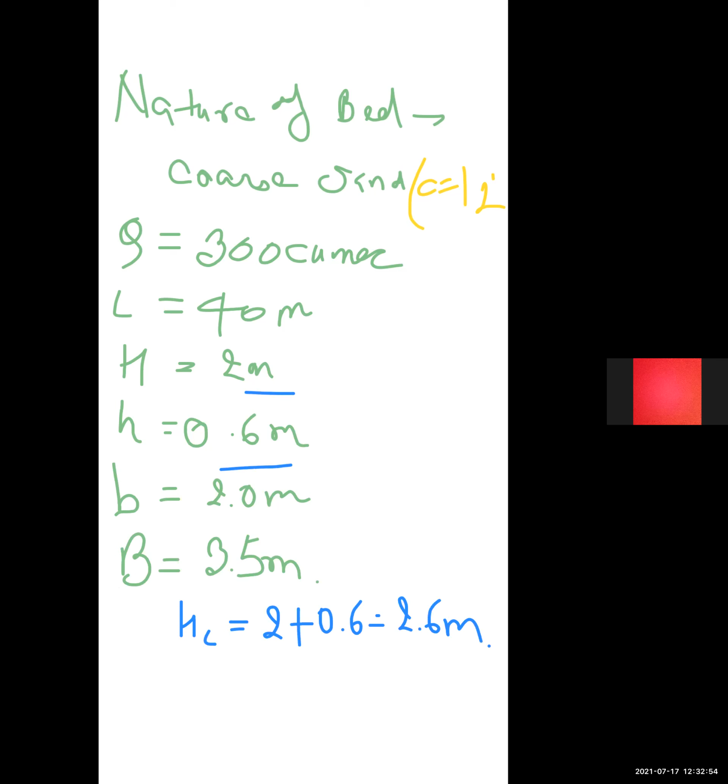The length of total creep required, including creep along cutoff, we can calculate as C into HL, where C is given 12 and HL is given 2.6. This is the total head loss. So this value equals 31.2 meter.